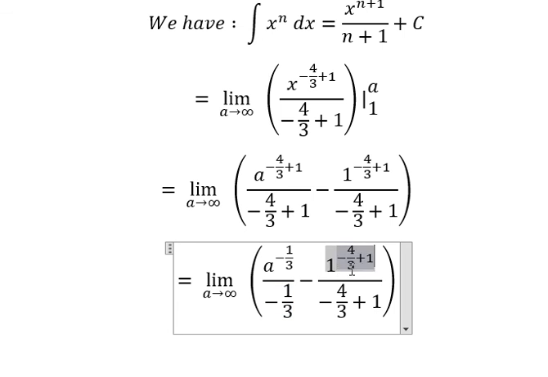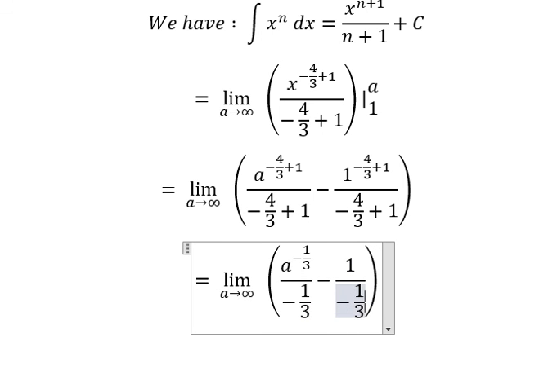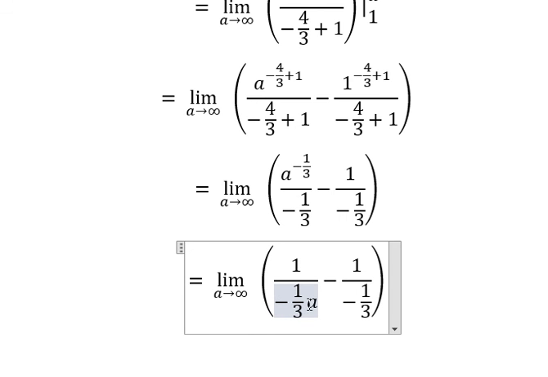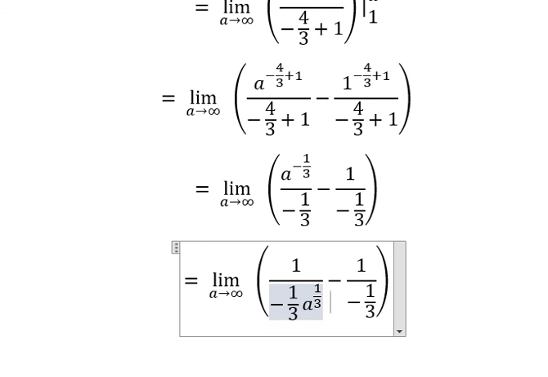This one we have 1. This one we have negative 1 over 3. So because we have the negative sign on the power, I will put 1 over negative 1 over 3 a to the power of 1 over 3.